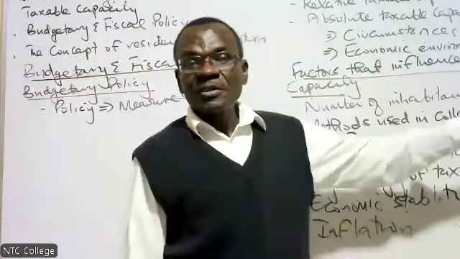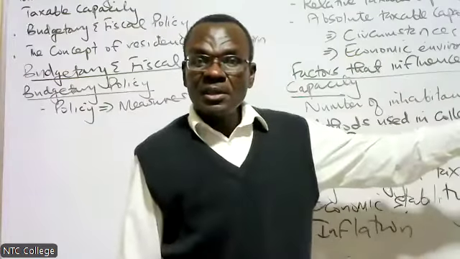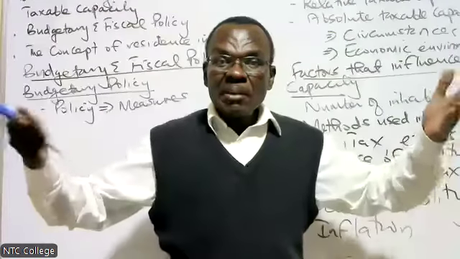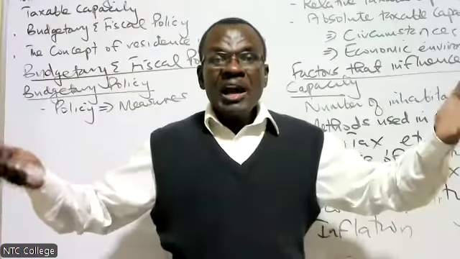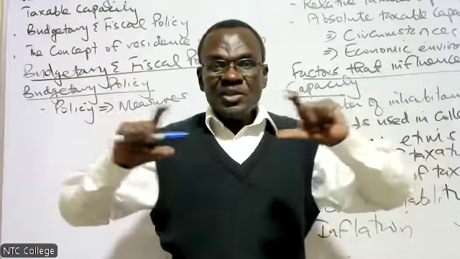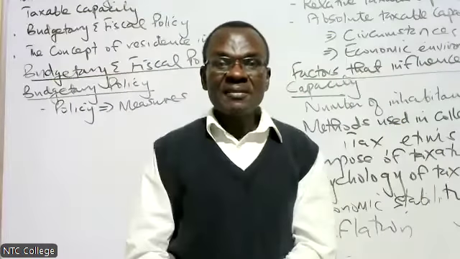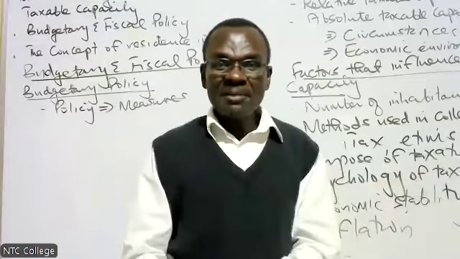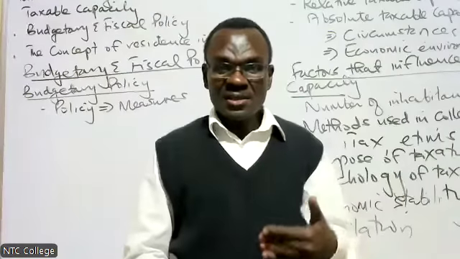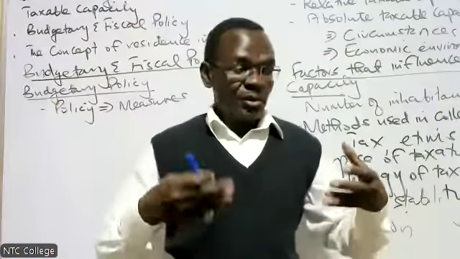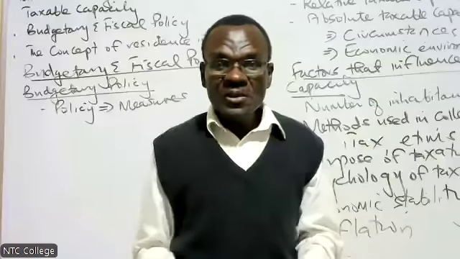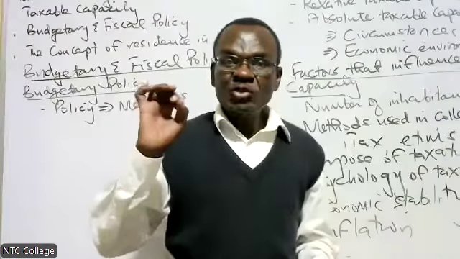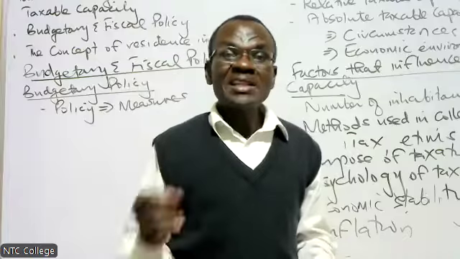So one of the objectives of budgetary policy is to achieve a desirable price level. Have policies to ensure the prices of goods and services are affordable. That's in the budgetary policy. So these are measures that use the budget as a plan. The government will have planned expenditure.